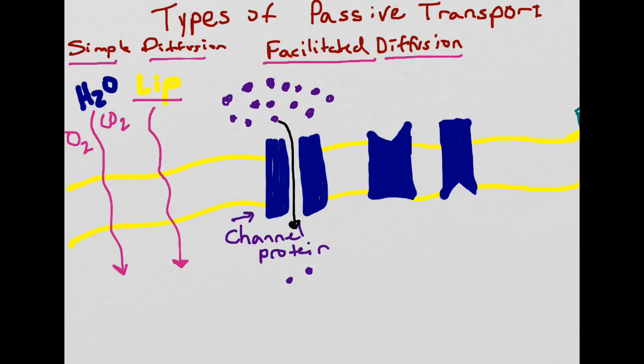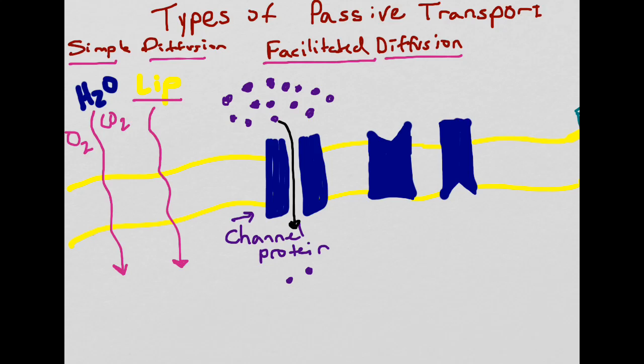Why do we need this? Well, this is for any of those solutes that don't need energy, okay? They might be too big to get through the plasma membrane, or they're not hydrophobic enough to get through the plasma membrane. They're too hydrophilic, so they have to have their own special channel to get through. So that's facilitated diffusion through a channel protein.